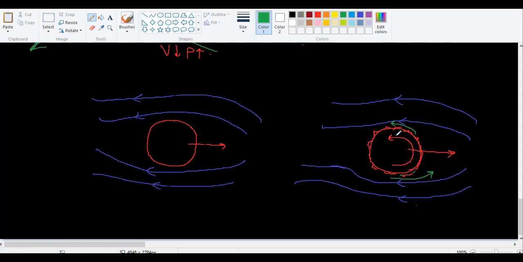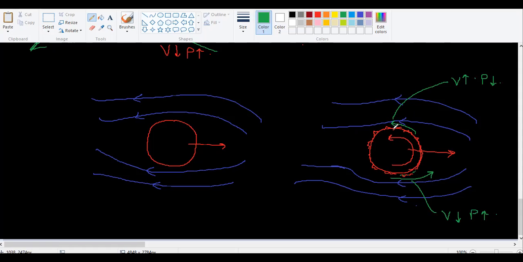So here the velocity of the air molecules will increase, and here the velocity of the air molecules will decrease. It's the same concept. When velocity increases, pressure decreases. Here pressure should increase.